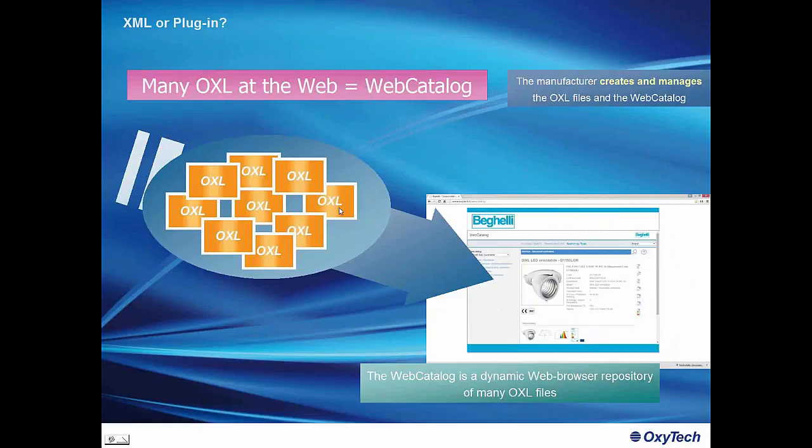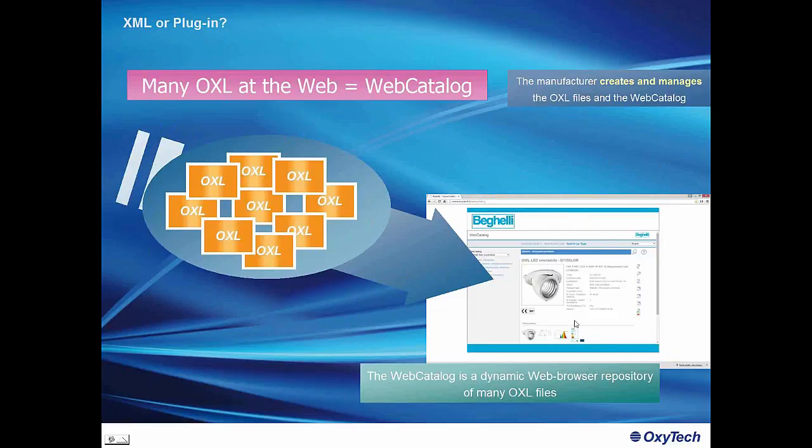We realized that we have to place the OXL file on the internet, because the internet is the means through which we easily manage the information from the manufacturers to the market. But it was not possible to consider a huge list of OXL files without giving other information. So we developed a browser, which is the web catalog, that is capable of showing and browsing the information through the internet.